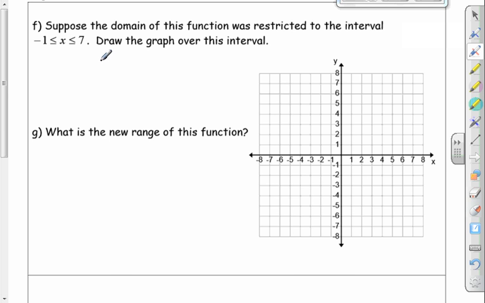In part F, they say, suppose the domain of this function was restricted. That means it was limited to the interval -1 is less than or equal to x, and x is less than or equal to 7. Draw the graph over this interval. So let's talk about what that means.